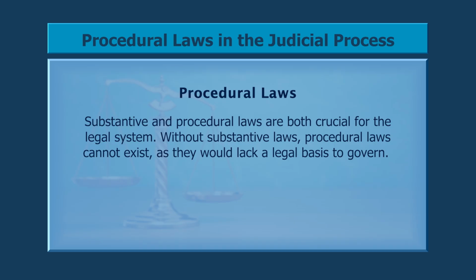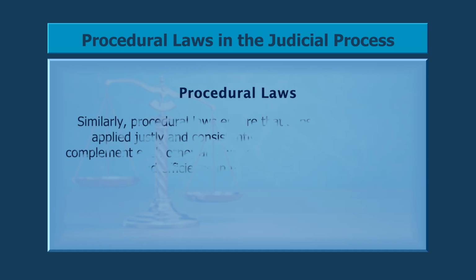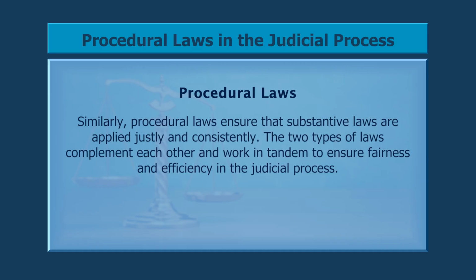Substantive and procedural laws are both crucial for the legal system. Without substantive laws, procedural laws cannot exist, as they would lack a legal basis to govern. Similarly, procedural laws ensure that substantive laws are applied justly and consistently.